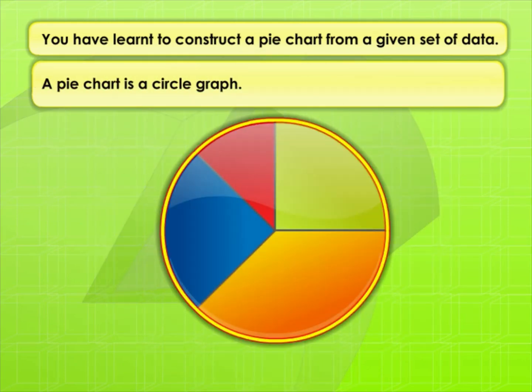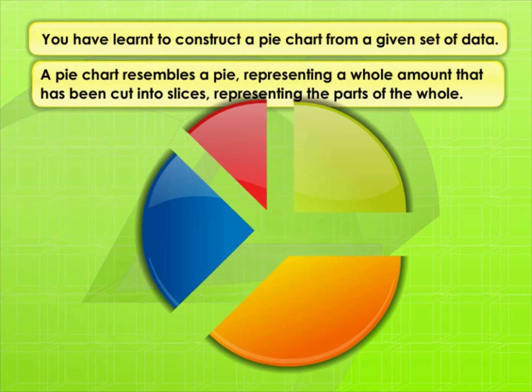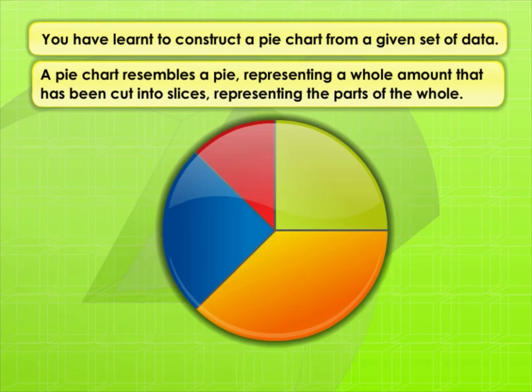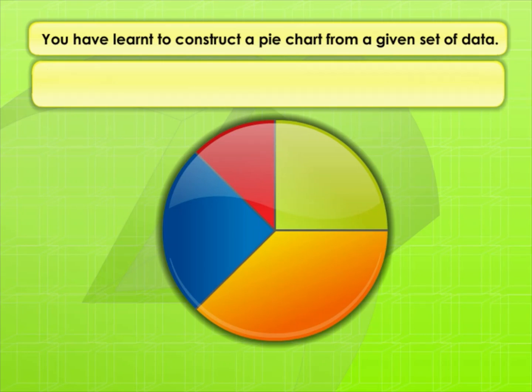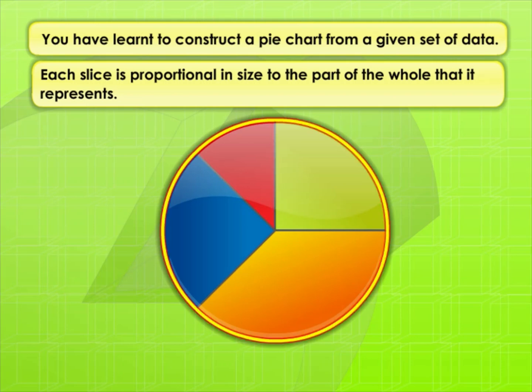A pie chart is a circle graph. A pie chart resembles a pie, representing a whole amount that has been cut into slices, representing the parts of the whole. Each slice is proportional in size to the part of the whole that it represents.